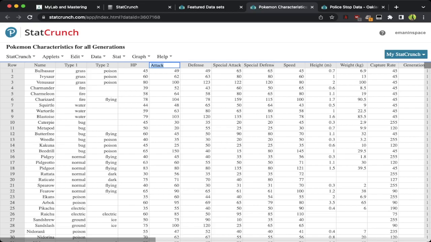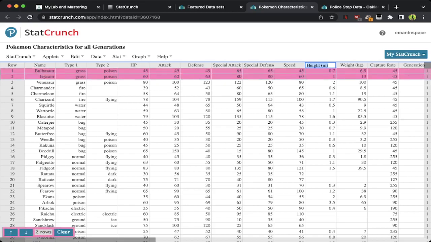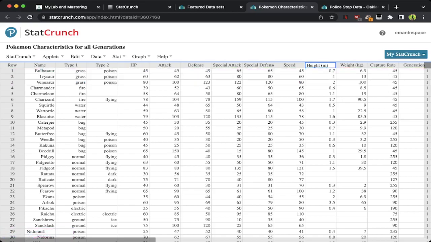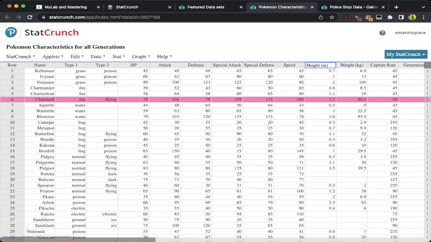Everything in this column is the attack level of a Pokemon, or let's look over here at height. This is a variable which measures the height of different Pokemon. The rows refer to different Pokemon. So I've highlighted the first 3 rows, which are Bulbasaur, Ivysaur, and Venusaur. In a data frame, each row refers to a subject. So if you want to look at Charizard, you would read across this row.